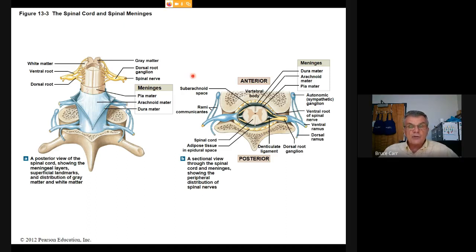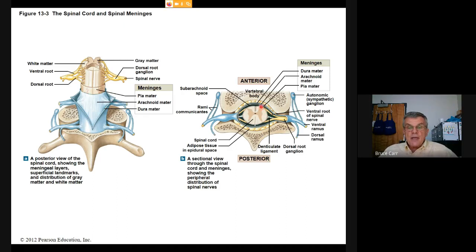Take a cross section, look down from the top. Here's that vertebral body. Here is that posterior spinal process, spinous process. And you see the butterfly-shaped gray matter and the surrounding white matter of the spinal cord. Around that you can see black. And the black is a space filled with cerebrospinal fluid.